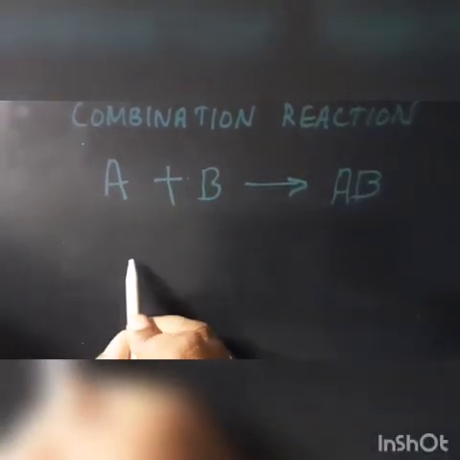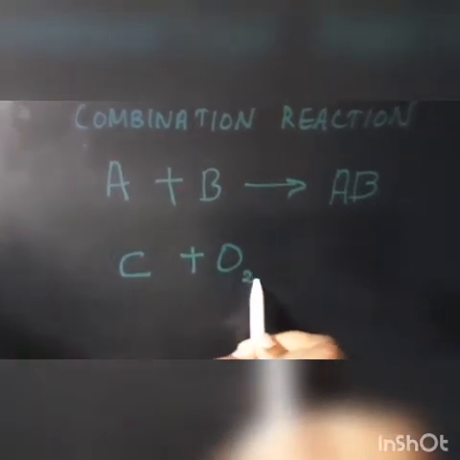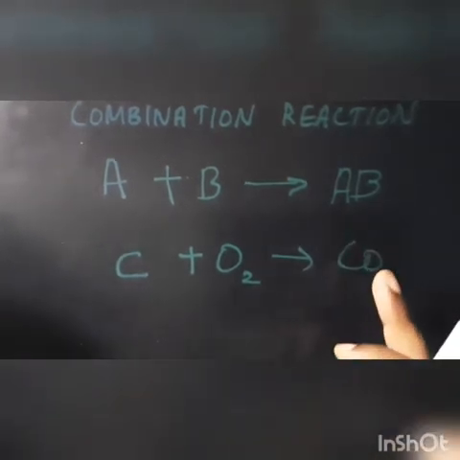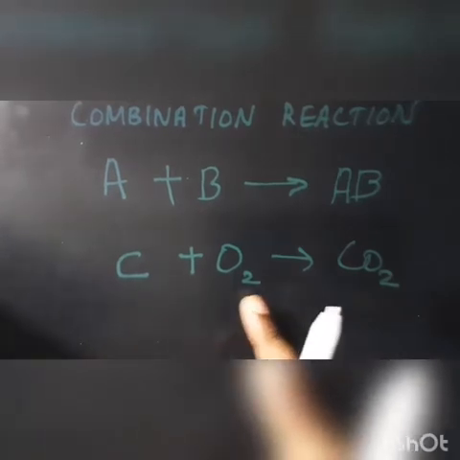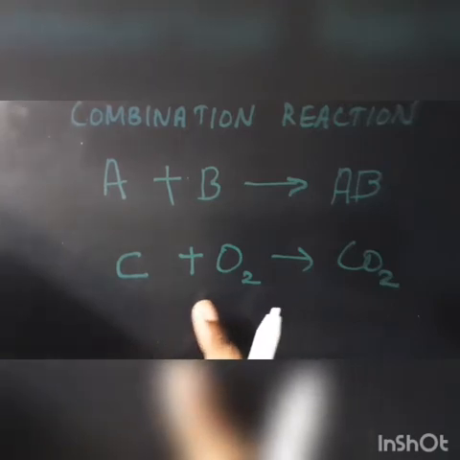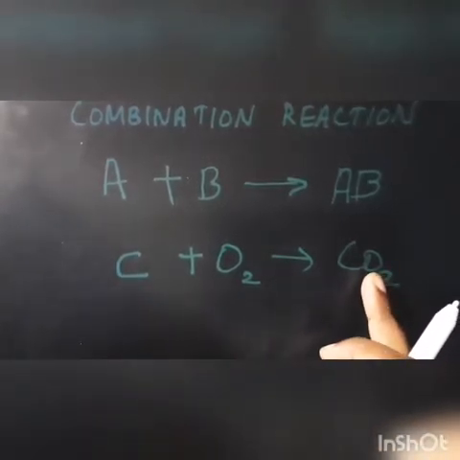Example, you can consider carbon plus oxygen giving carbon dioxide. A new product is formed. This is known as a combination reaction. The reaction in which two or more reactants combine to form a single product.